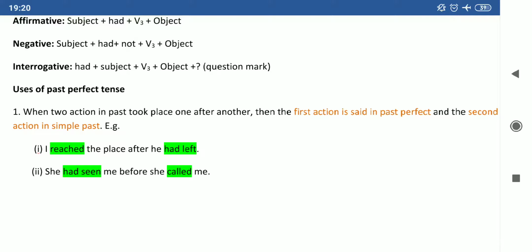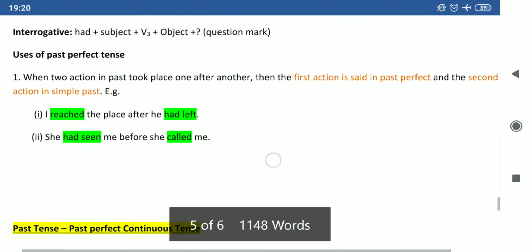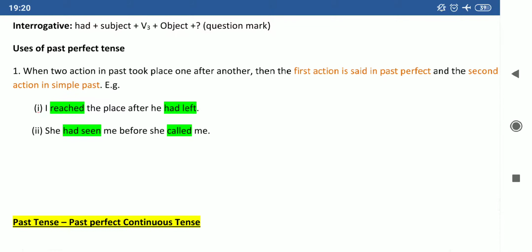For negative, you have to insert not: subject, had, not, and then third form of verb, and after that object. For interrogative, had will come in the beginning: had plus subject plus third form of verb, then object, after that question mark.